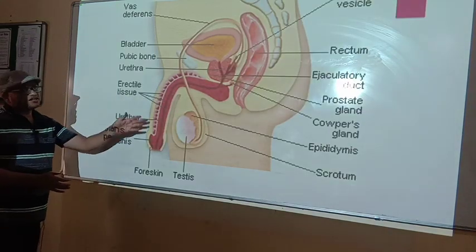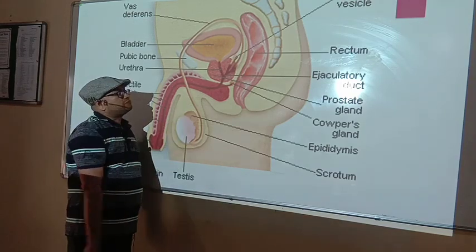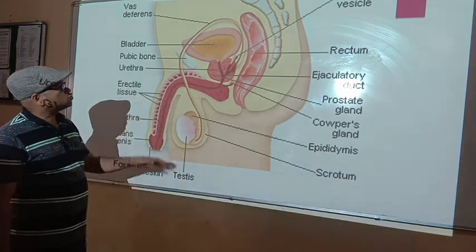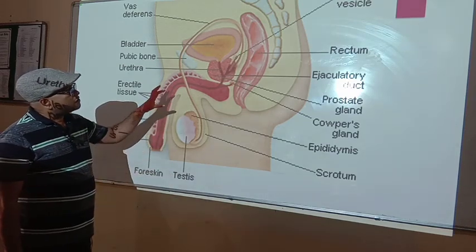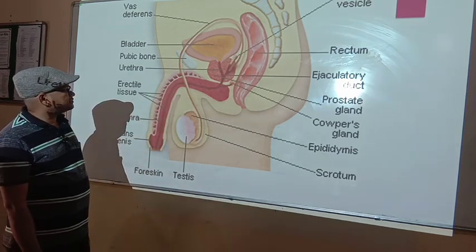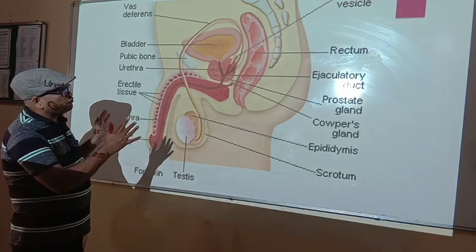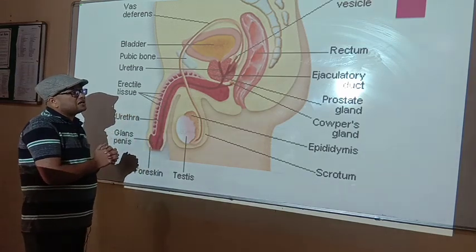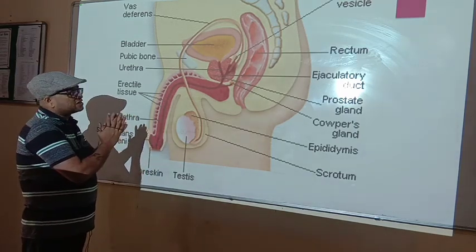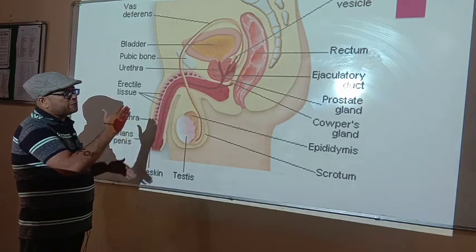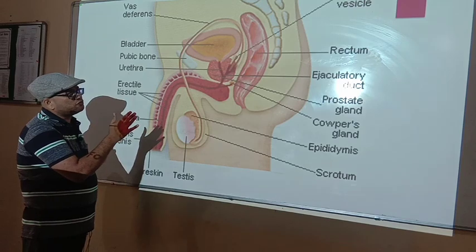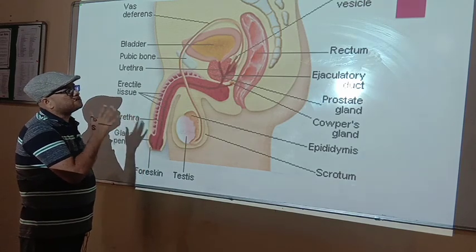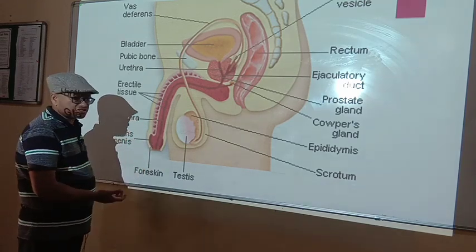Here this is the sagittal section of the male reproductive system that shows the different parts of the male reproductive system. Suppose we take a diagram that shows the different parts in lateral view, then that type of view or section of diagram is called a sagittal section.